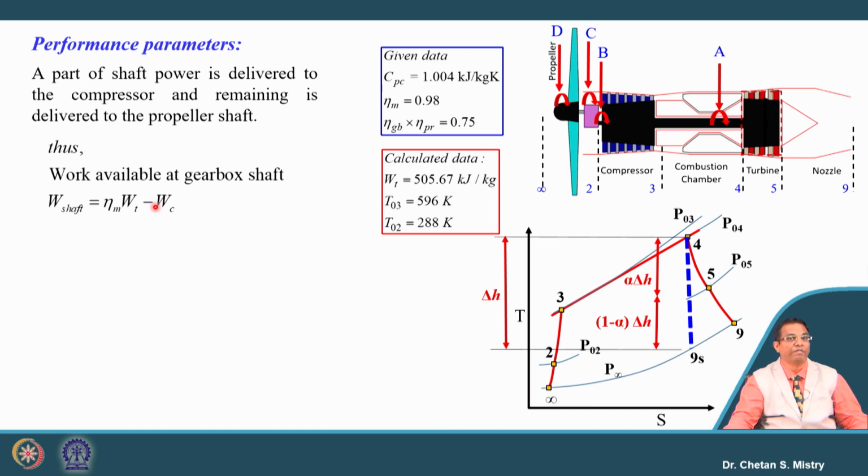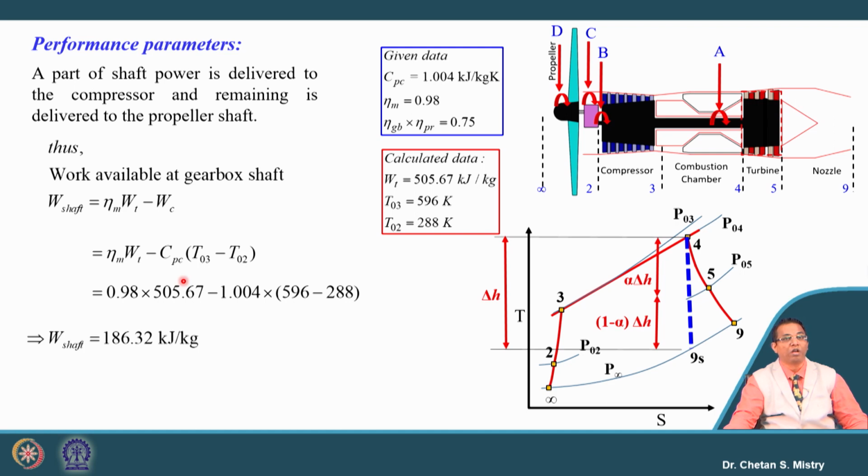This shaft power we know we can write down as mechanical efficiency into turbine work minus the work that will be consumed by the compressor. If we write this equation, turbine work we have calculated, the compressor work we can write down in terms of Cp delta T0. If we do this calculation, my shaft work is coming 186.32 kilojoule per kg.